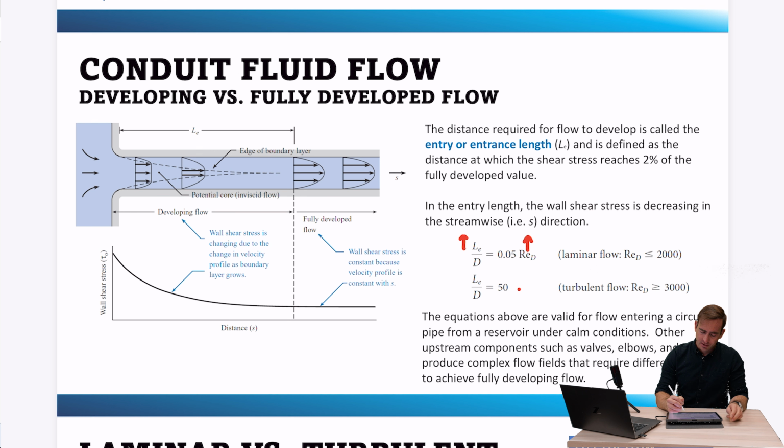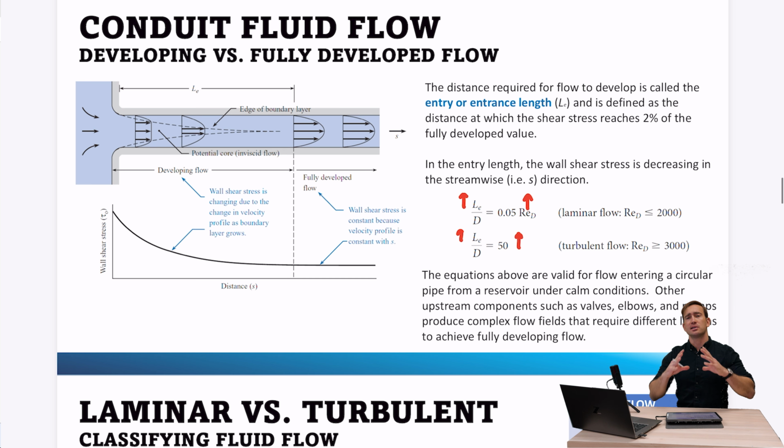When diameter goes up, the entrance length also goes up. This is because the larger the pipe is, the more time it takes for the fluid to spread out. You've got greater likelihood for turbulence in a larger diameter system as well. So in the end, the diameter and the Reynolds number both affect the entrance length. So that's our example on entrance length, and let's look at a couple other topics.